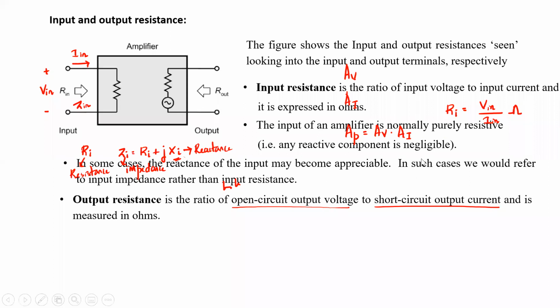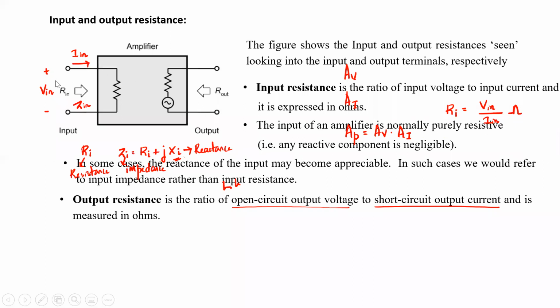When dealing with input impedance, we were simply dealing with the input voltage and the input current. You have to see the pointer that I'm moving on the slides for reference. Is everybody able to see the pointer? Input resistance is the input voltage divided by input current. It was quite straightforward.